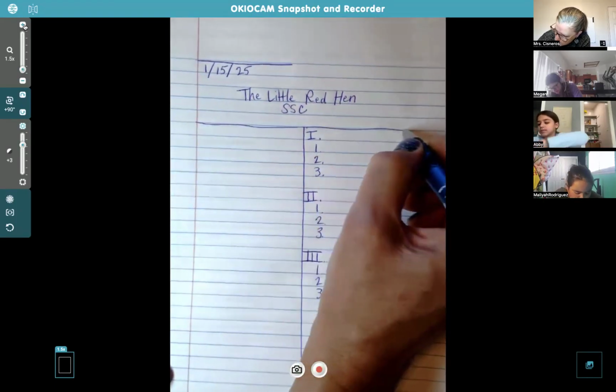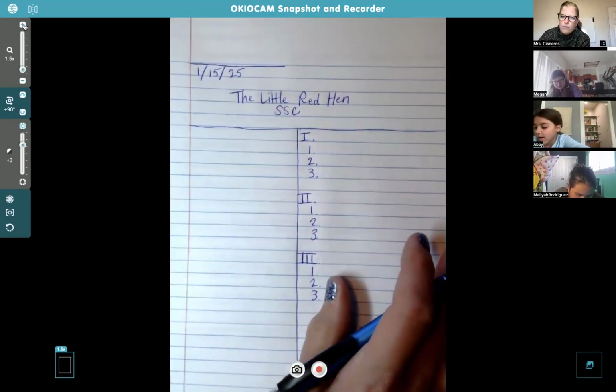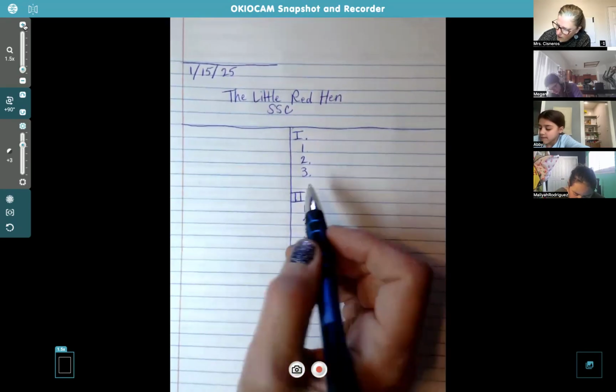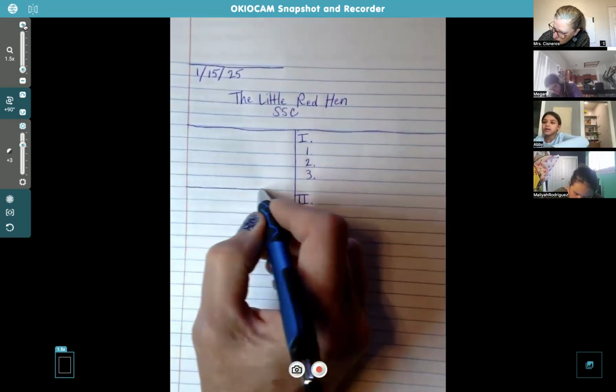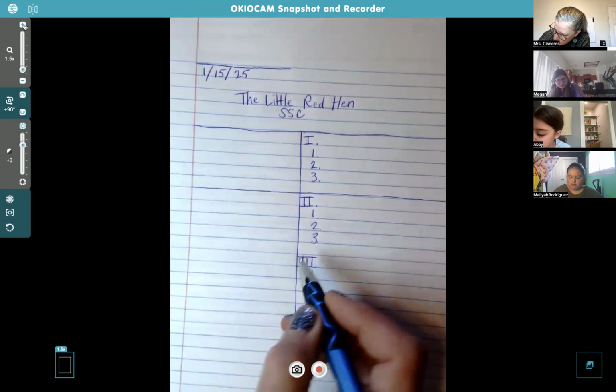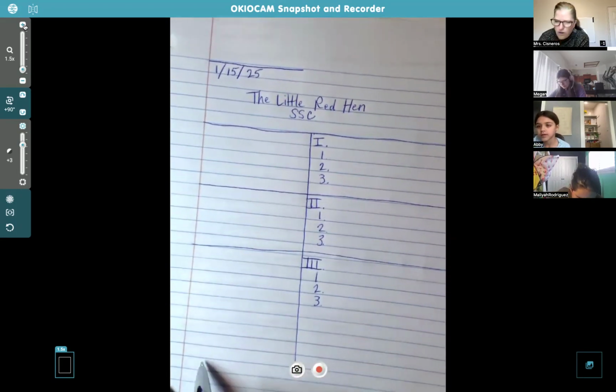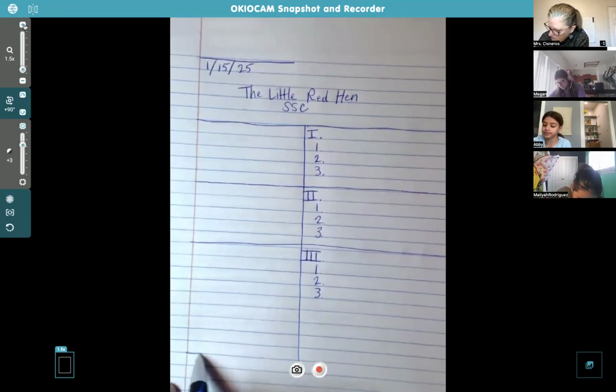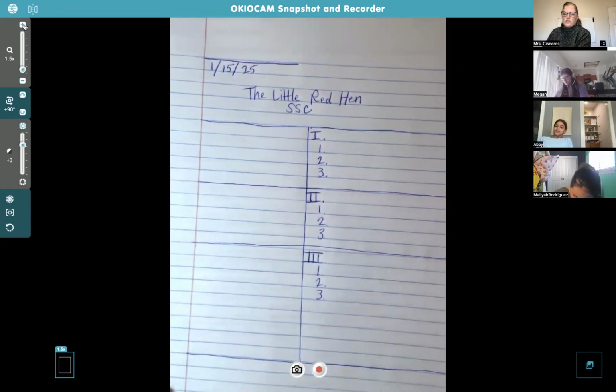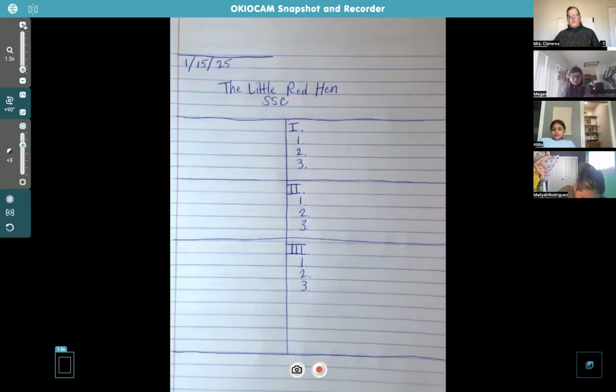Remember how we made these boxes? And you can go all the way to the edge of your paper. Right on top of Roman numeral 2, draw a line. Right on top of Roman numeral 3, draw a line. And then wherever your bottom line ends, wherever that is, you can just kind of finish it off like that. So we've got boxes now.